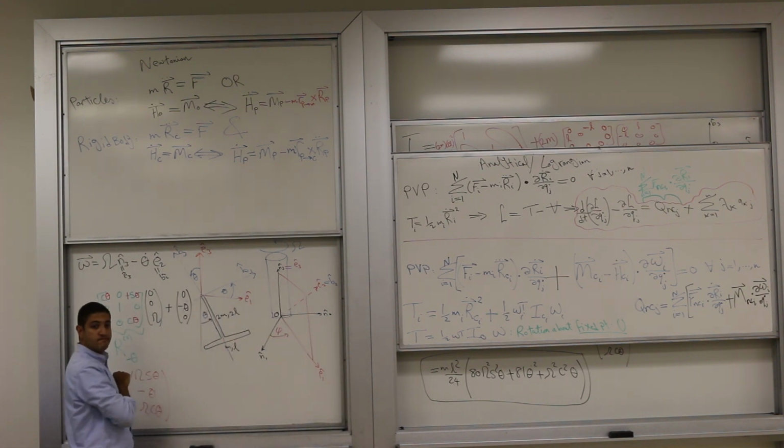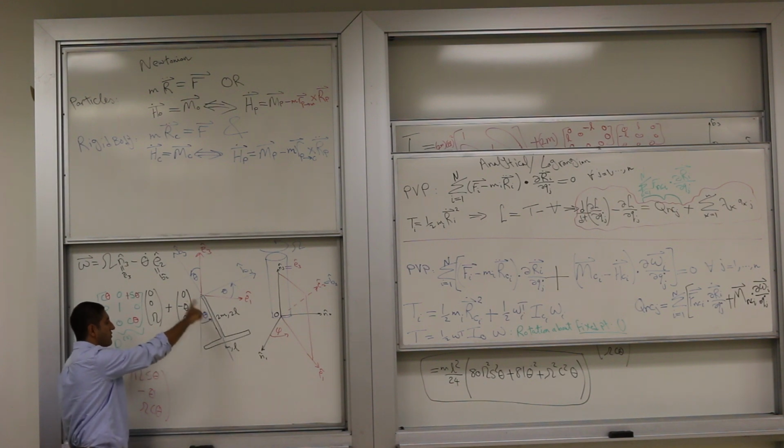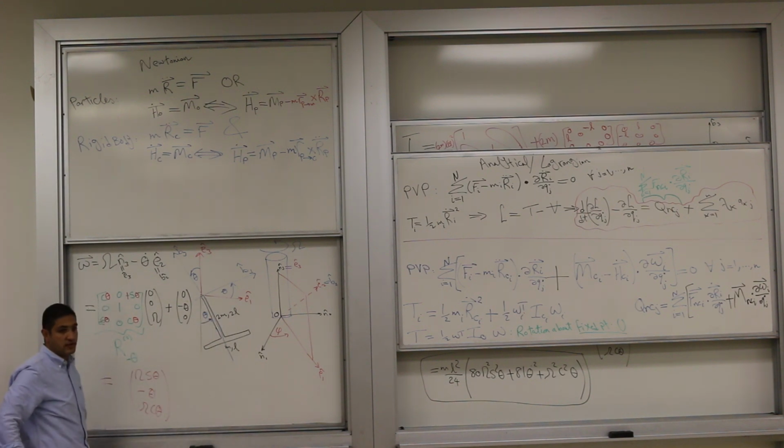For the potential, can you calculate both separately, going to the center of mass of the rod and the center of mass of M? Yeah, do it separately, that's fine. So you don't need to find the center of mass of the whole thing. That's okay.